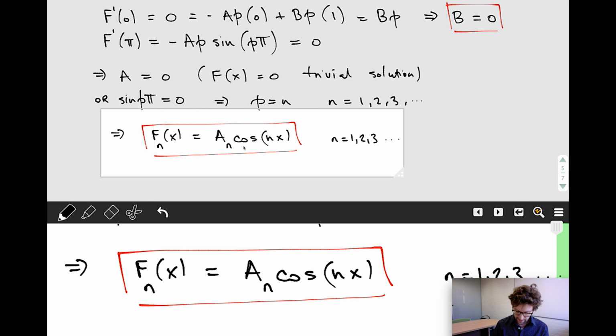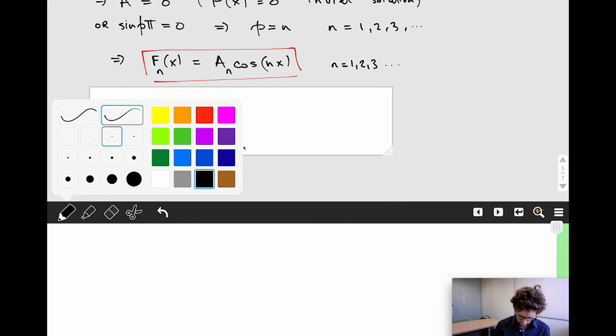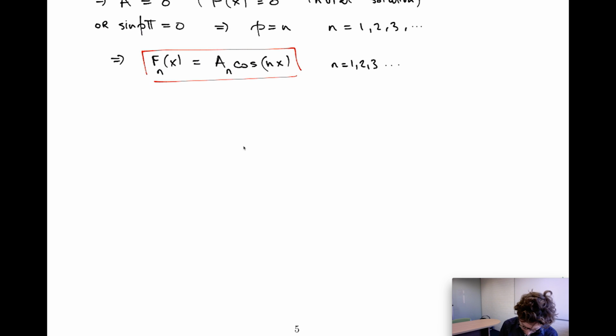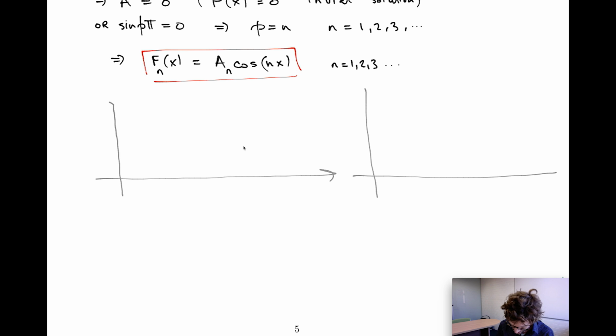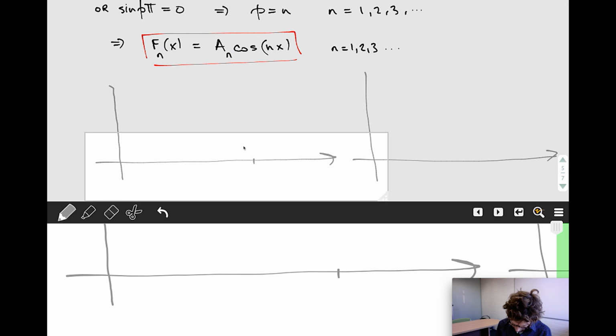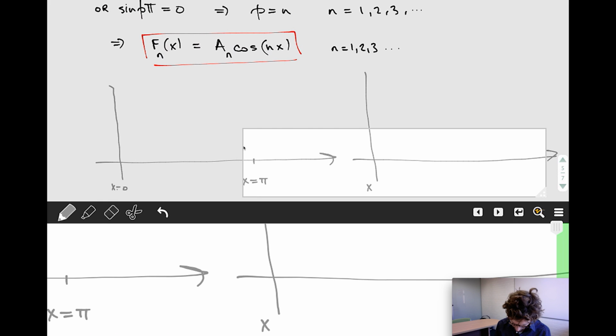And we can understand this by sketching what the solutions look like. So looking at the case with the heat equation with constant boundary conditions, constant temperature, and looking at the case where we have insulated endpoints. So this is x is equal to 0, x is equal to pi, x is equal to 0, and x is equal to pi.